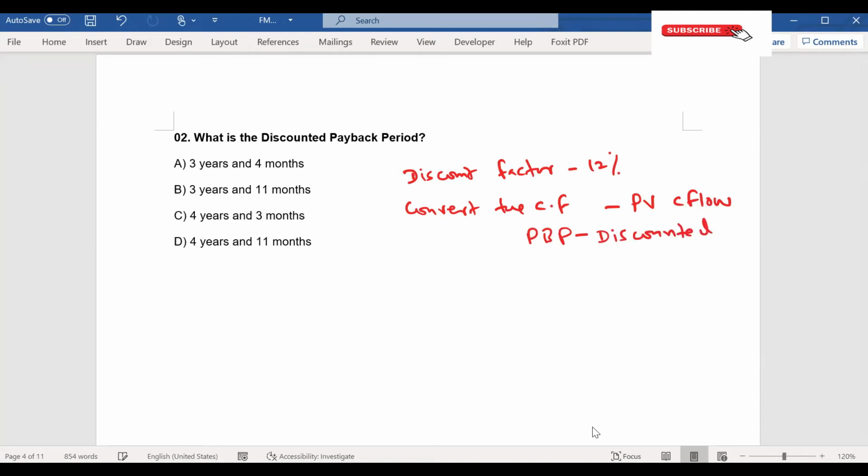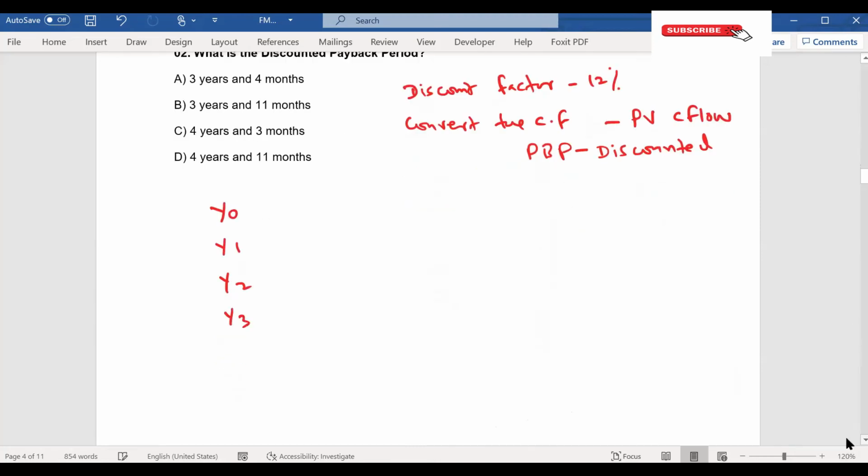Now let's take the year-wise cash flow. We have year 0, 780,000.